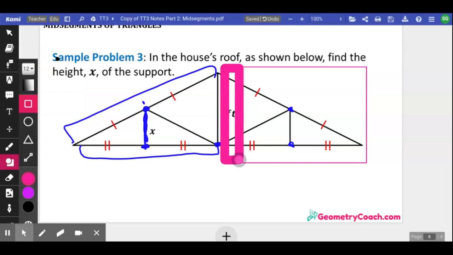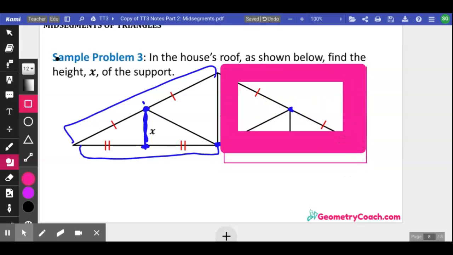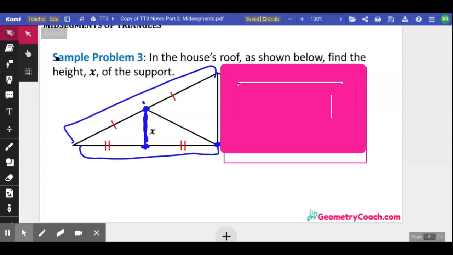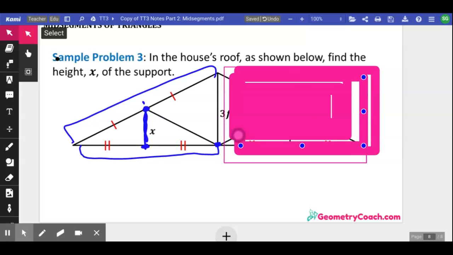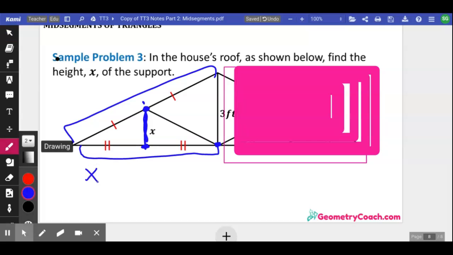We're going to ignore everything on this right-hand side. There should be a way to just fill a square in, but whatever. Okay, so we're ignoring that. And now I can't see the value. It's 3 feet. X is the mid-segment for that 3 feet. So 2 x's is going to equal 3 feet. So x is going to be 1.5 feet.